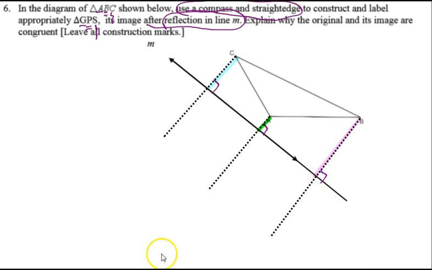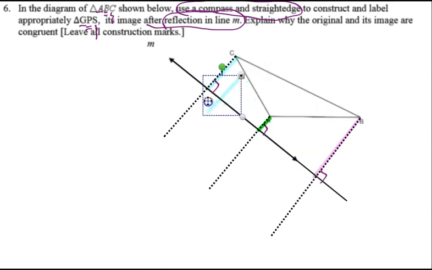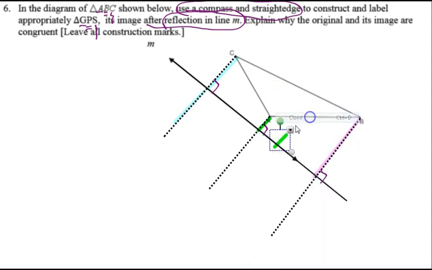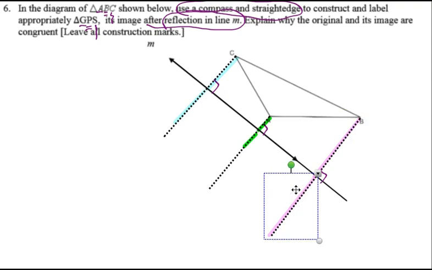So I'm going to use these elements to find exactly where the corresponding point would be. You will have to do that with the compass. And then I will have to very carefully name the new points.